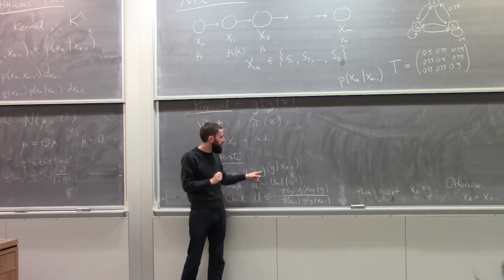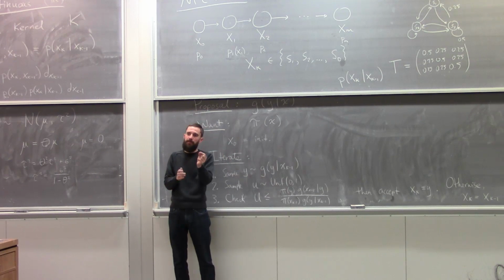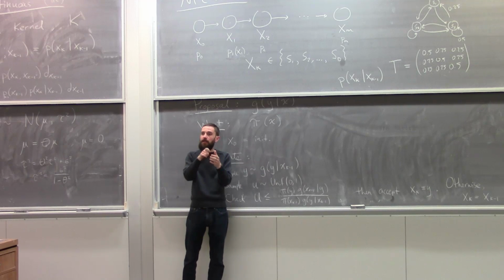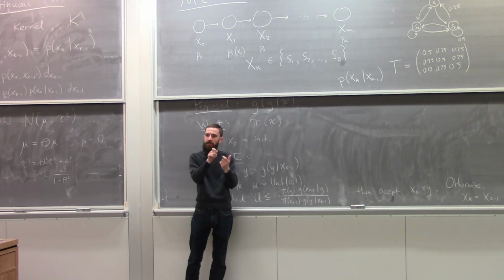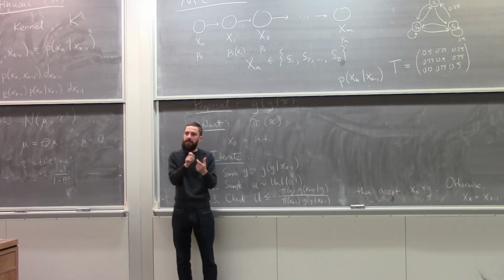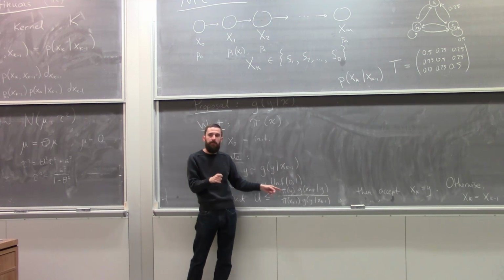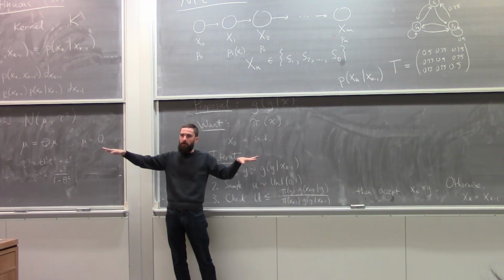If I'm in a place of high probability, and I make G a very narrow, tight Gaussian, let's say, and take very tiny steps, it looks like a random walk, then I'm guaranteed this will stay in high probability. But I won't go very far, and I'll miss places.